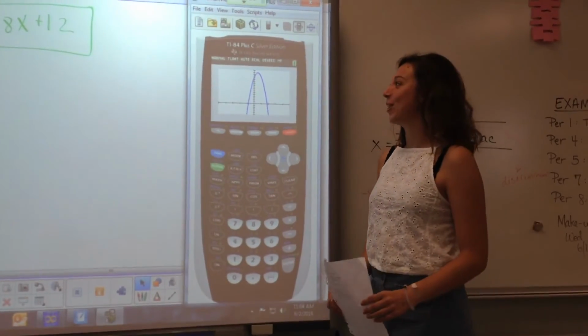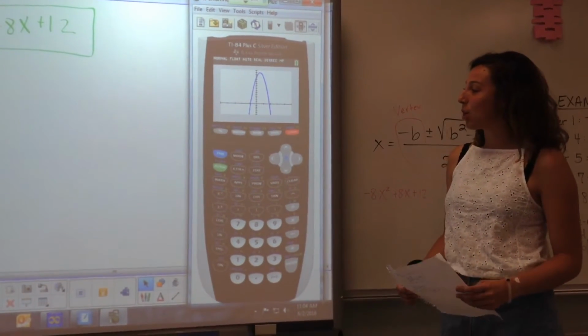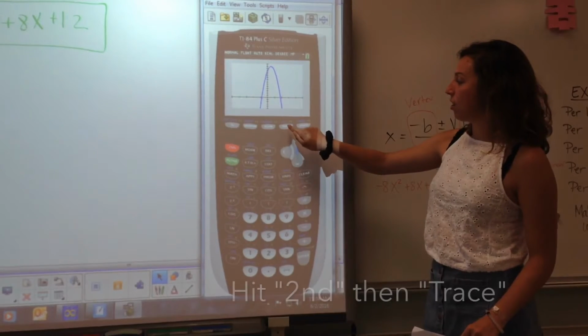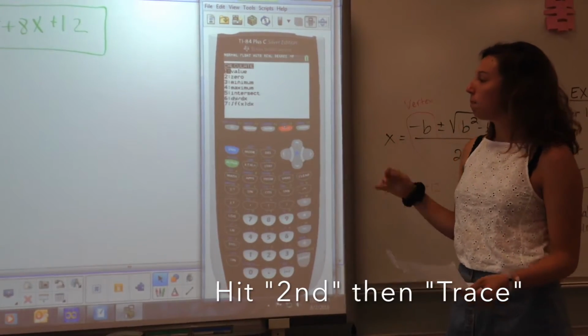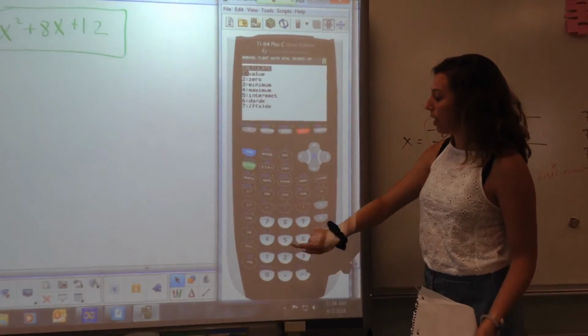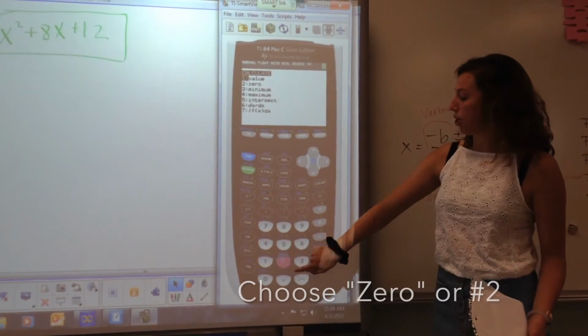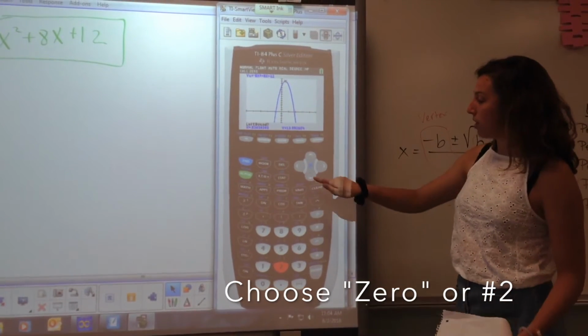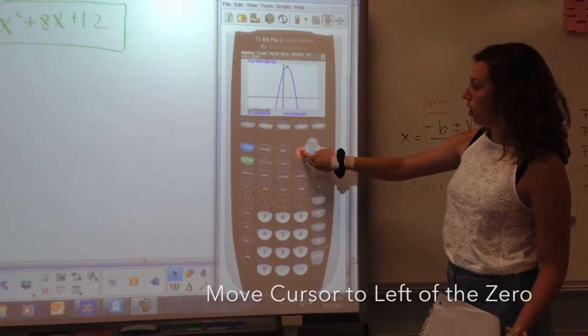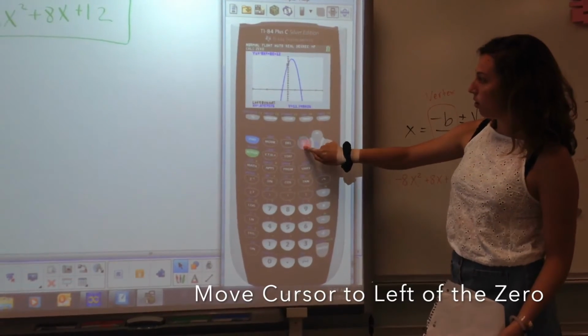Hi, I'm Ari, and we're going to be learning how to do zeros. Like Shayna said before, you're going to hit second, and then trace, which is calc. Instead of going down to 4 for maximum or minimum, you're going to hit 2 or move your cursor down to 2. It will ask you left bound, so you're going to want to move your cursor left to one of the zeros.